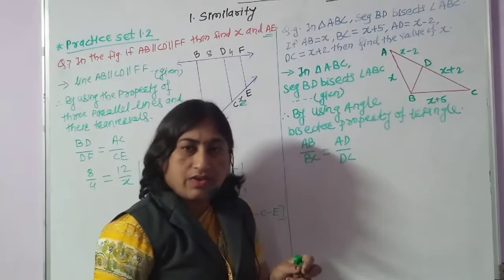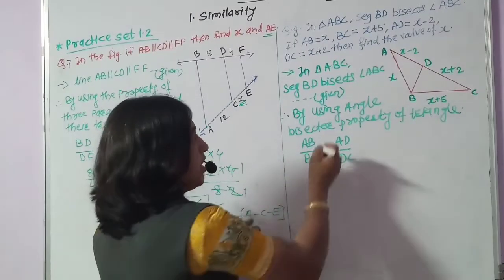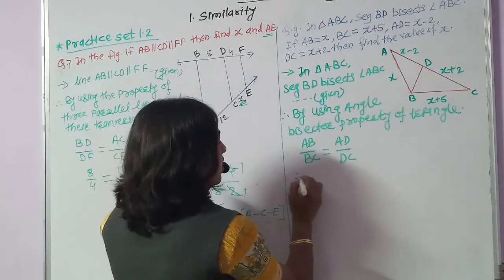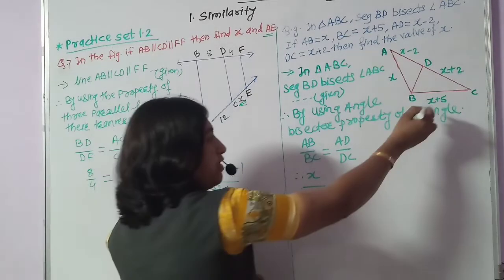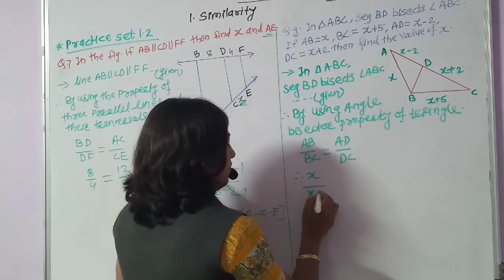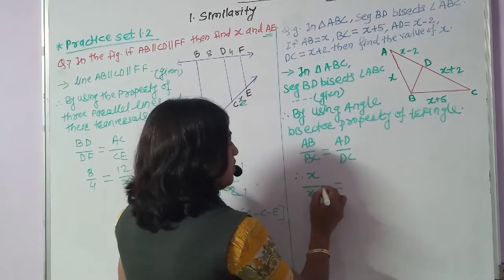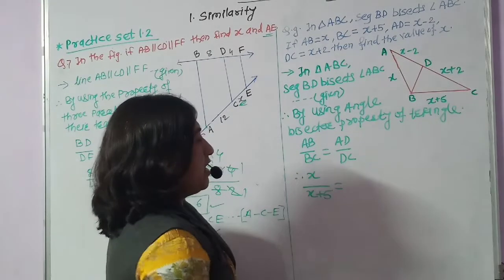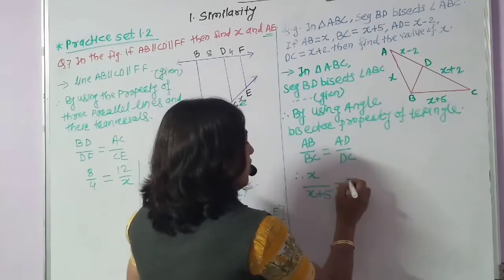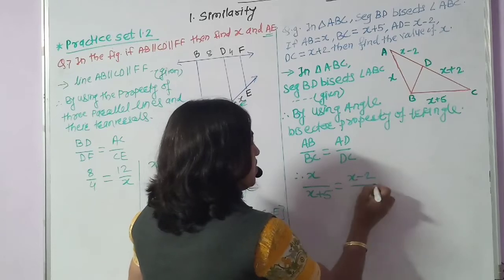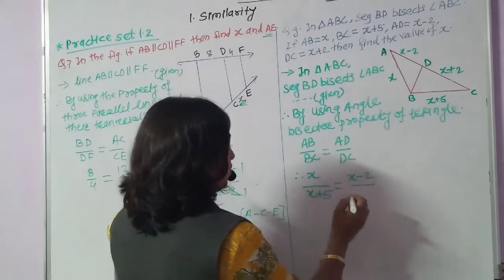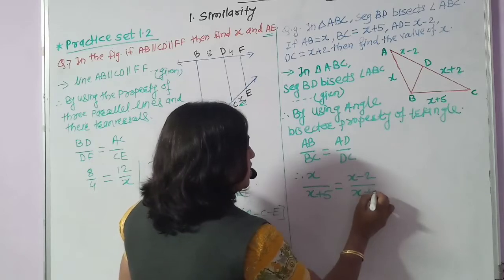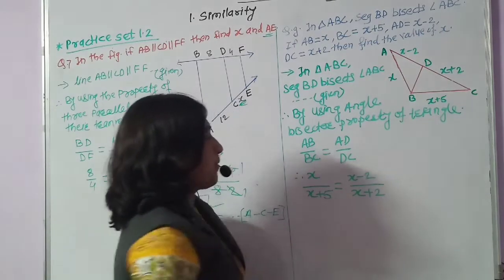Put the given values. The value of AB is x, therefore x upon, what is the value of BC? BC equals x plus 5, which is equal to the value of AD upon DC. We have given the value of AD is x minus 2 and the value of DC is x plus 2.